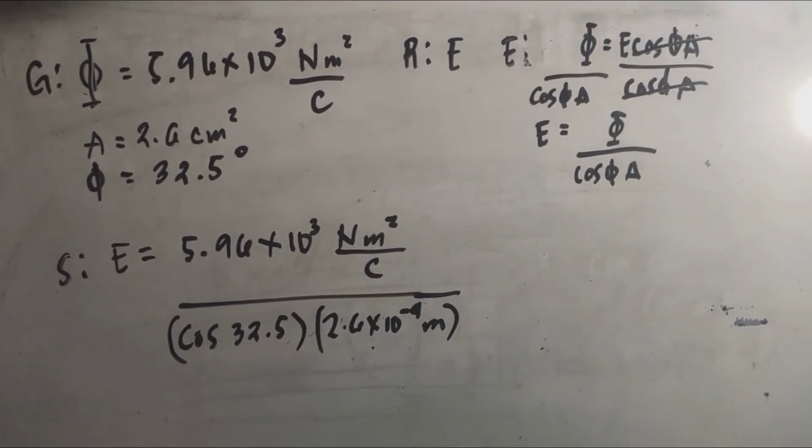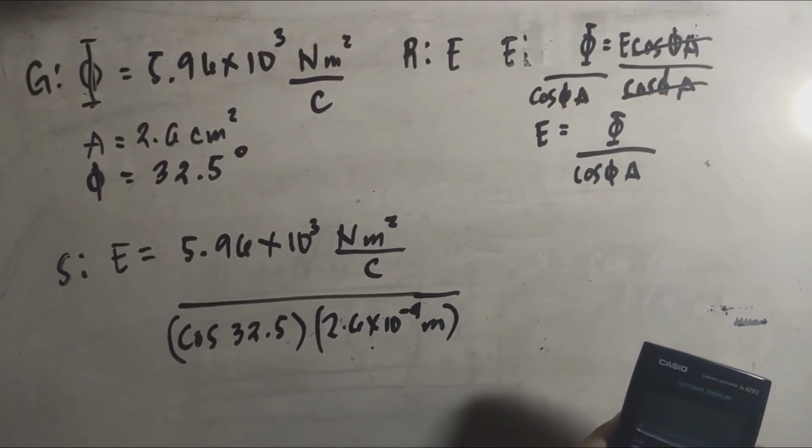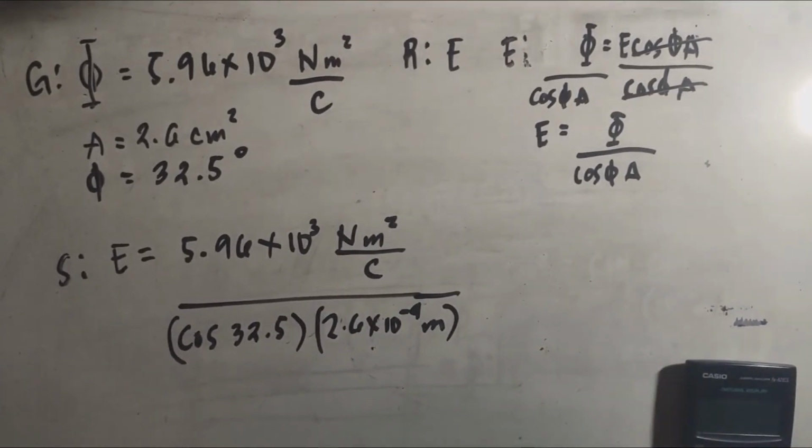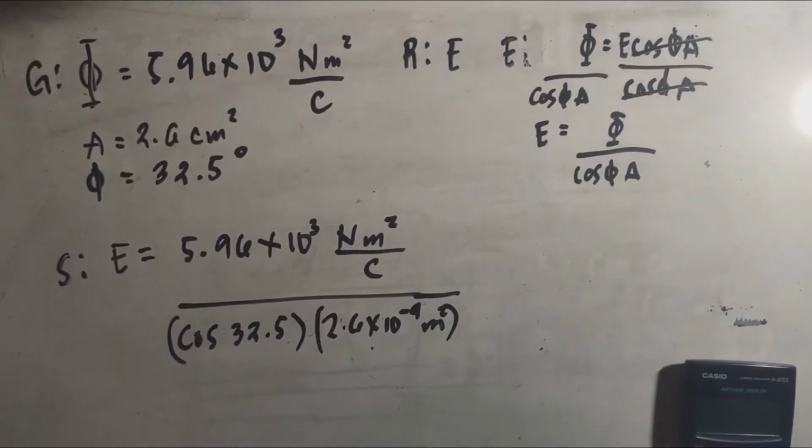So let's do that. By the way, don't forget that this is squared before inputting the values to your cycle. Make sure that you have cancelled the unnecessary unit.